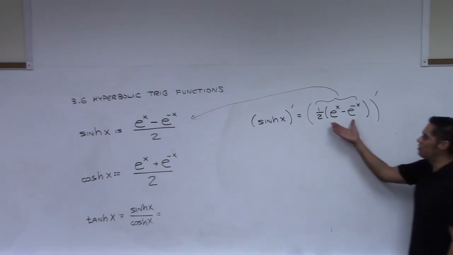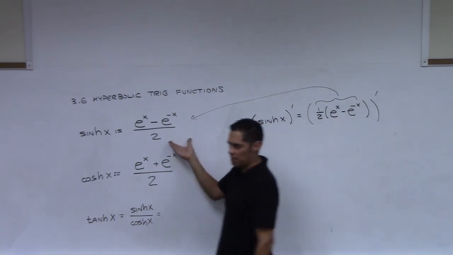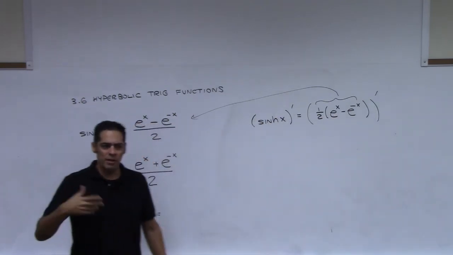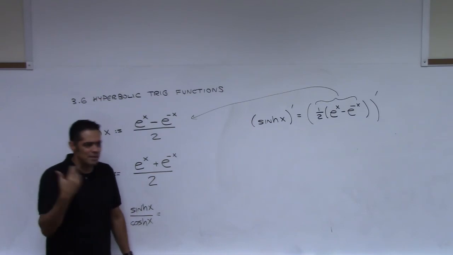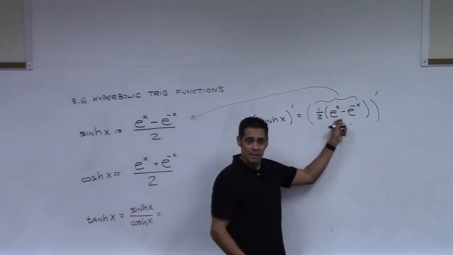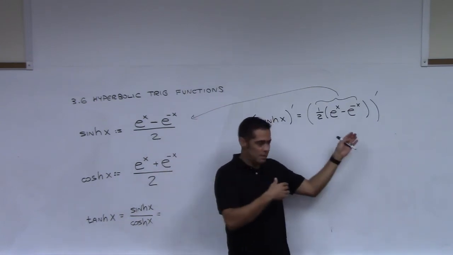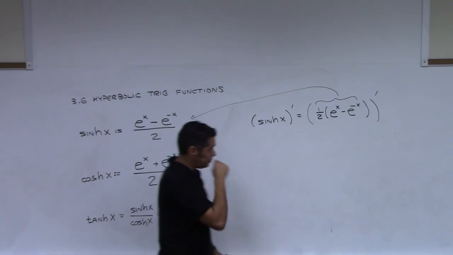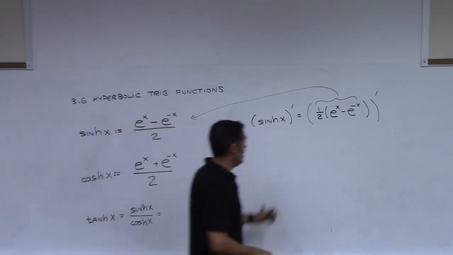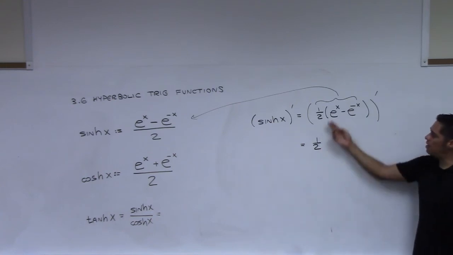Sometimes it's easier to write it this way, and in some books you'll see it written this way as opposed to this way, right? And in calculus, when we're differentiating, we always like to pull constants out if we can anyway. So this is kind of a preferred way of seeing the formula for me. The book does present it this way, but just be comfortable seeing it that way also. Now, if we take the derivative of that, the 1/2 is just going to come along with us, right? Because it's a constant out front.